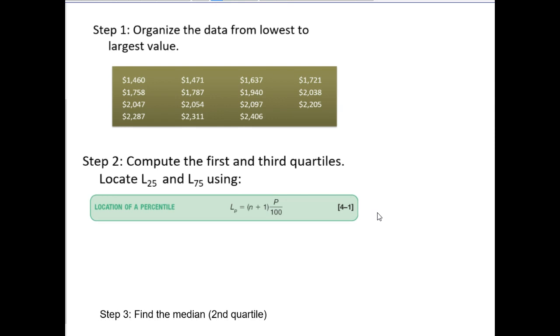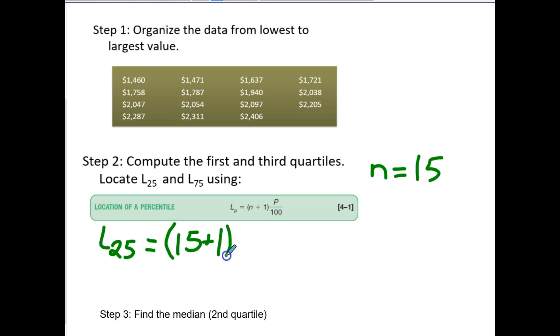All right, we know that our N value, number of observations, is 15. For L25, it's going to be 15 plus 1 times the percent, 25 over 100.